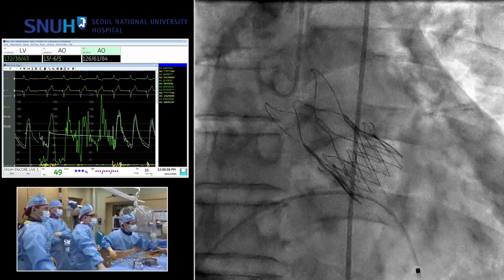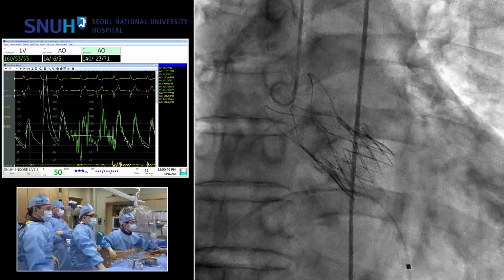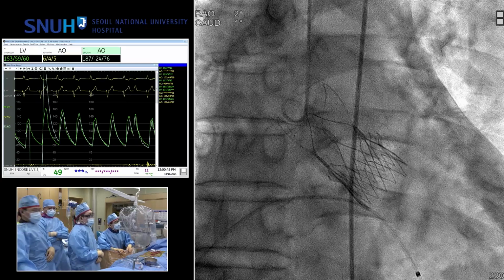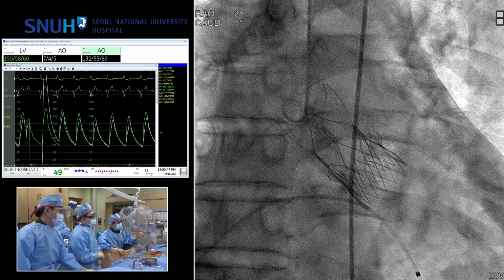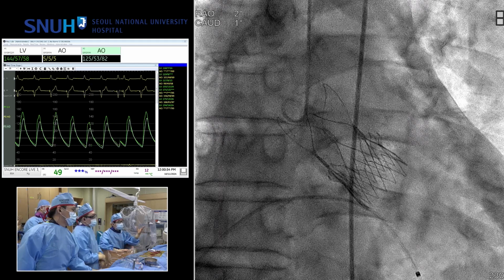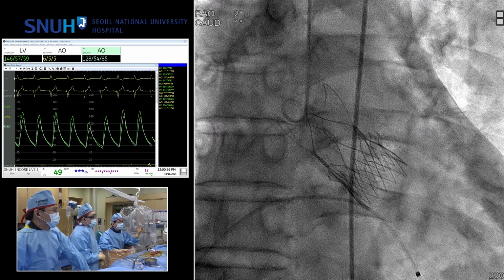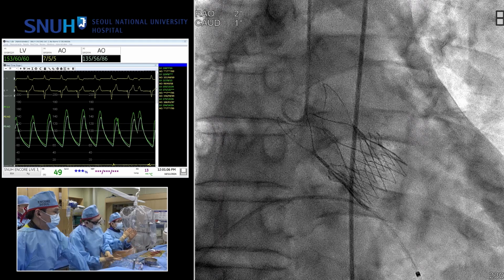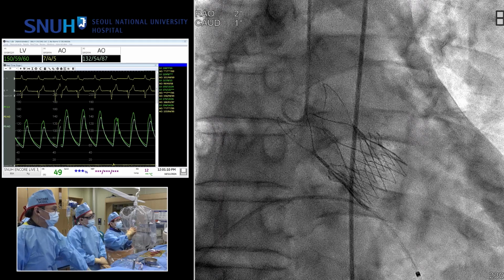The reason why there is a privilege of Accurate Neo in terms of the AV conduction issue is, as you see, the first release is just the upper crown, no touch to the LVOT. Second process, just the arch, no touch to the LVOT. Then, before low crown expansion, the valve system is coaxially aligned with the aorta because of arch deployment.